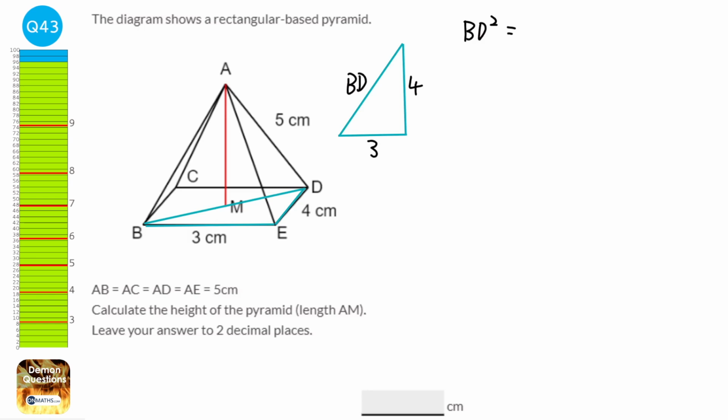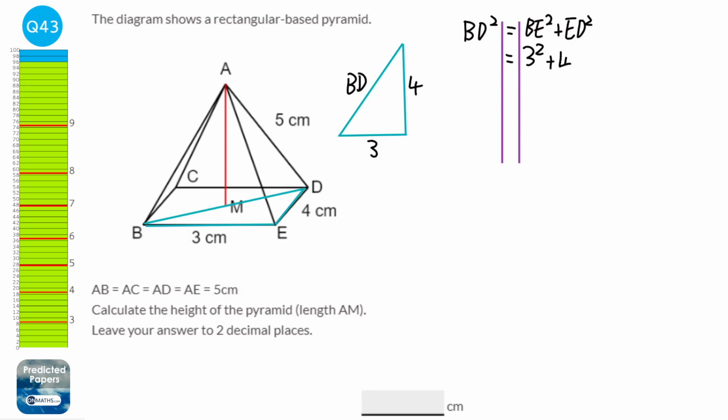So we've got BD squared equals BE squared plus ED squared. Get our little tramlines in. Okay, so BE is 3, so it's going to be 3 squared plus 4 squared, and that's going to equal 25. Square root both sides, and we've got BD is equal to square root of 25, which is just 5.